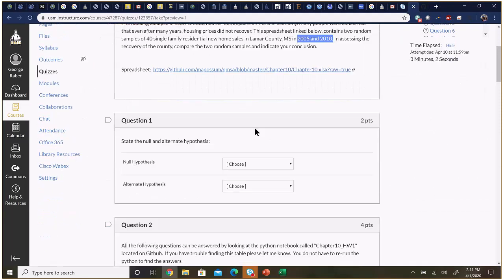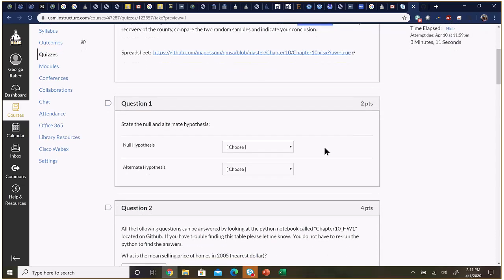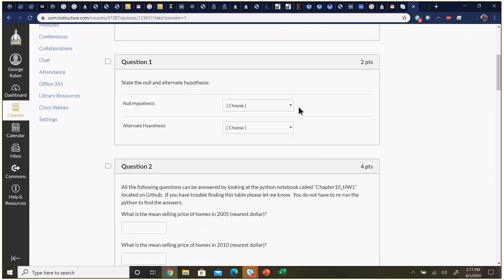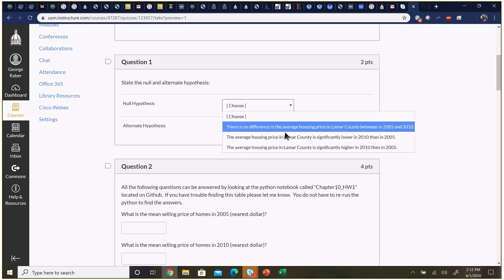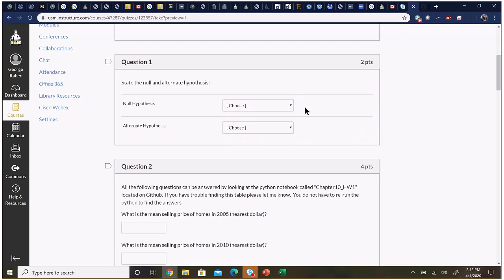So you need to state the null and the alternative hypotheses. I'm not going to answer these for you. Based on what I've talked about today and reading back in the book, you need to answer which one of these is the null hypothesis and which one is the alternative hypothesis.